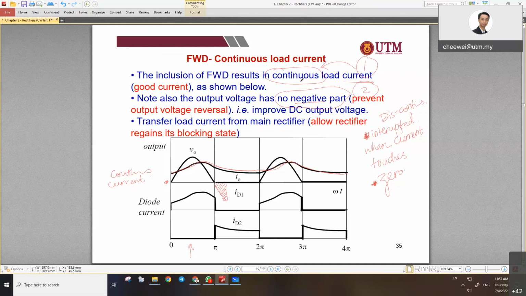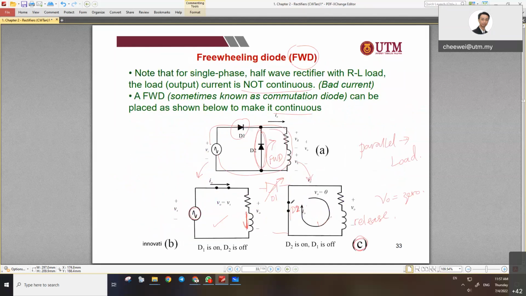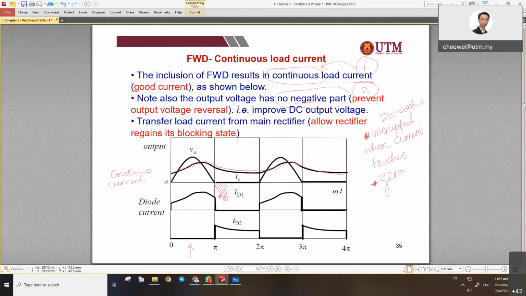Because when the freewheeling diode is conducting, the source is being disconnected from the negative half cycle operation. That's why V out is 0, so the negative part is being eliminated. Rub it off. So you see that the waveform is positive half cycle, 0, positive half cycle, and repeats. That is how the current becomes continuous.